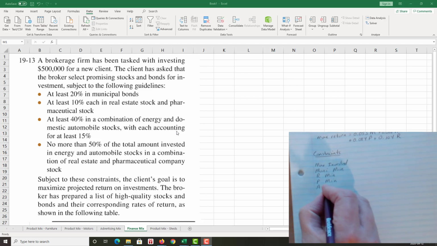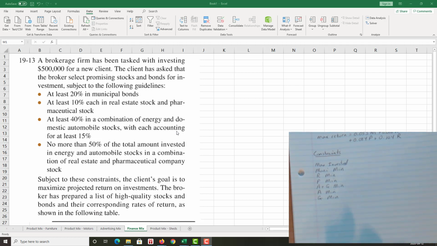So A plus G min, with each accounting for at least 15%. So I have an automobile min, and I have an energy min. Okay. So lots of constraints. But so far, I got it.